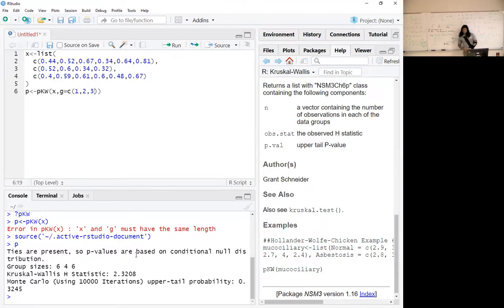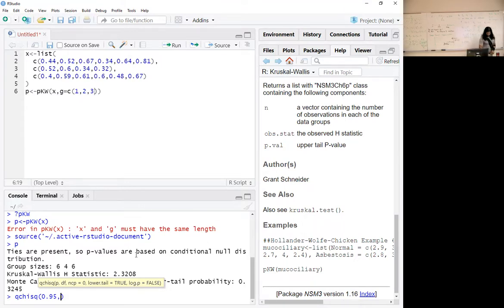We want to find that critical value. In R, you could find critical values using qnorm for normal, qwilcox for Wilcoxon. Here it is qchisq. You always enter the area below. The area below here is 0.95 because the area above is 0.05.